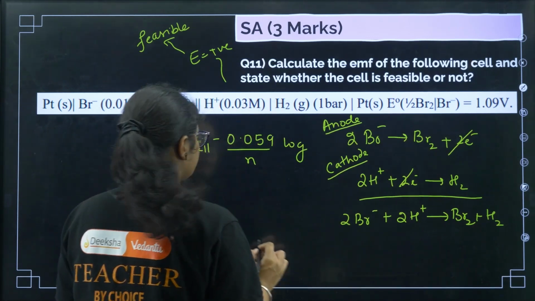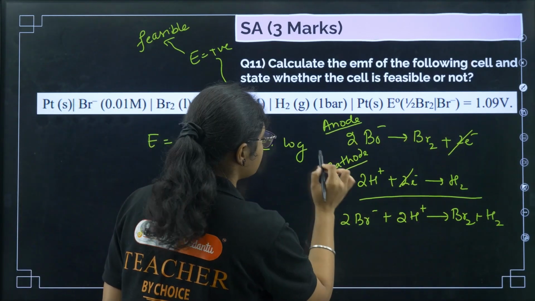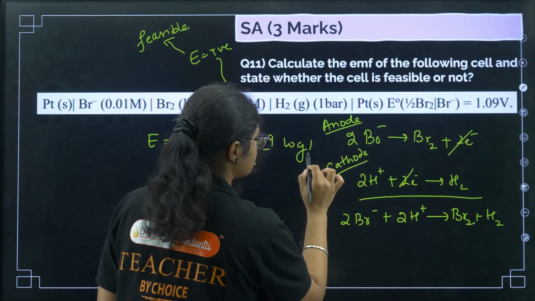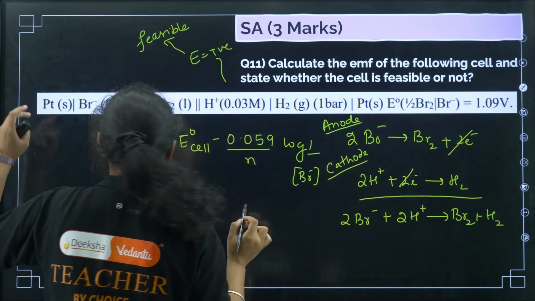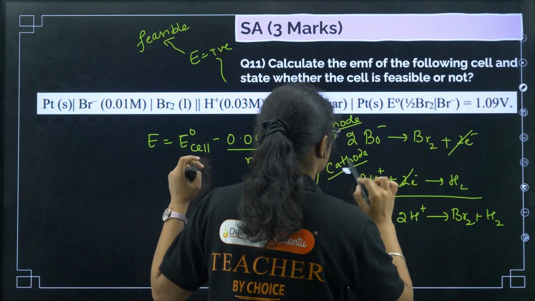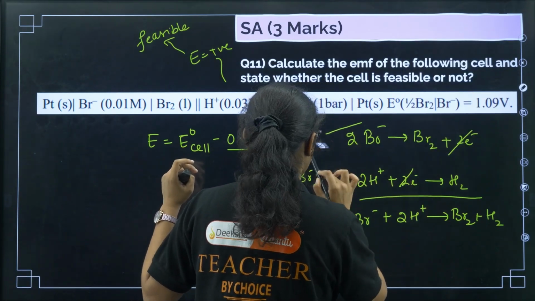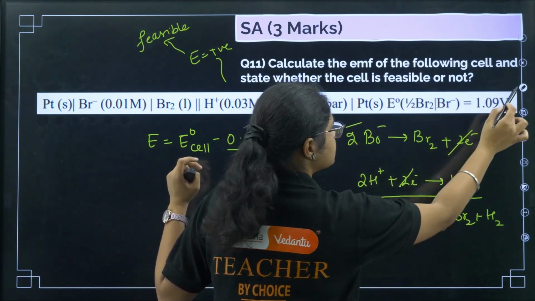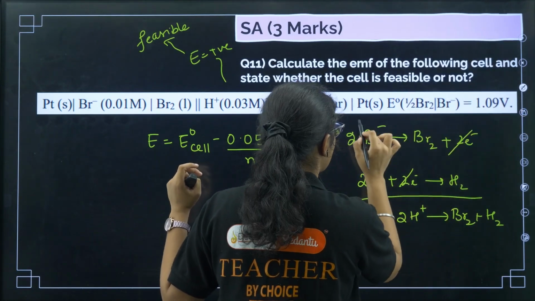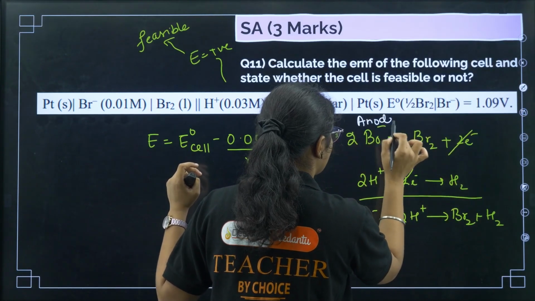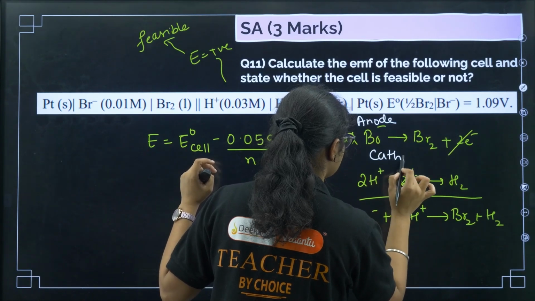Now we'll have log of the pressure of Br2 and H2 divided by the concentration of Br-, and let me write it clearly. See here, this is the anode reaction and this is the cathode reaction.